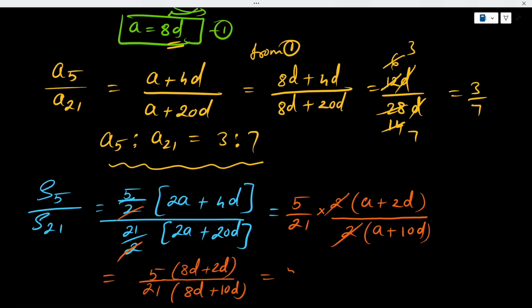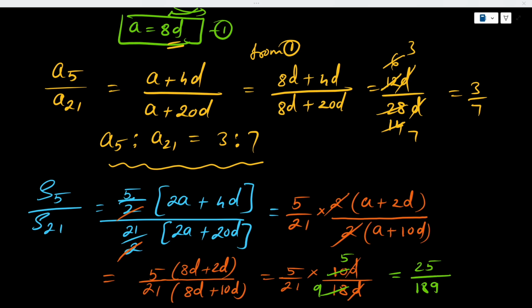Then simplify this: 5 by 21 times 10d by 18d. d gets cancelled. Now are you able to do any simplification? We can do it here, 2 fives are and here 2 nines are. After that we can't do anything. So 25 by 189.